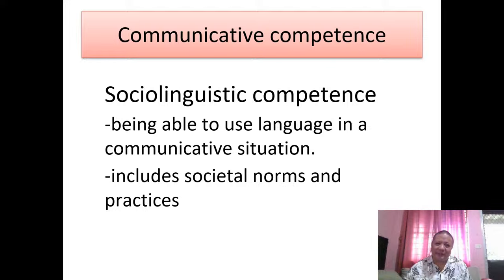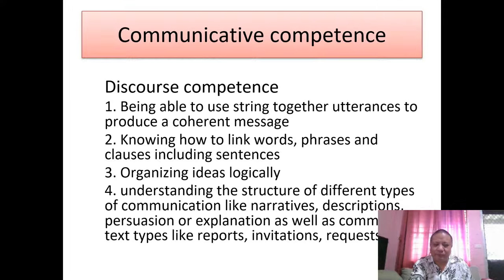This is all dictated by the culture and the society. So that's social linguistic competence, being able to use language in a communicative situation based on societal norms and practices.